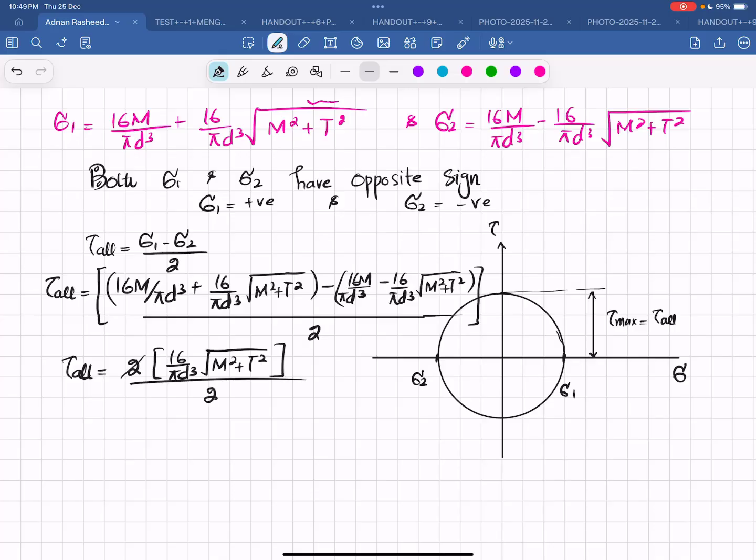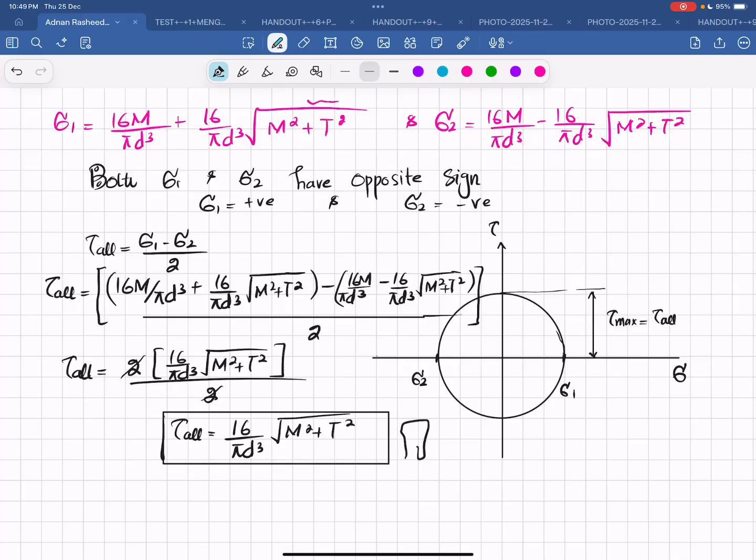And this 2 will cancel with this, so we have the allowable shear stress as 16 over pi d cube into the root of m square plus t square, and this is the answer.